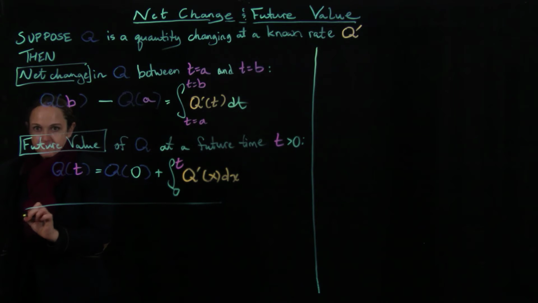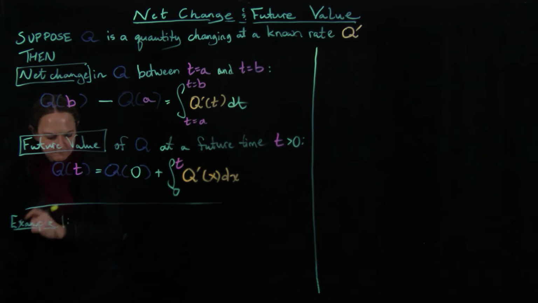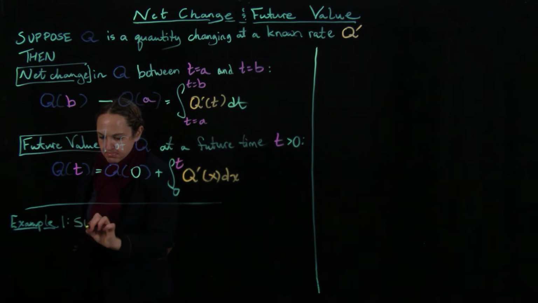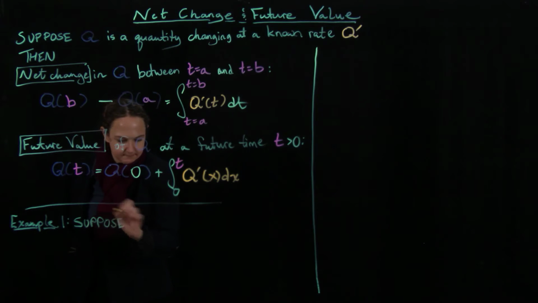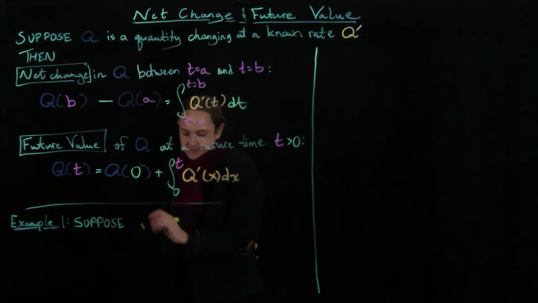Okay, so example 1. Seeing how far to the left I can write and still stay on your board. Okay, so we're going to suppose there are going to be 100 COVID cases at time t equals 0.